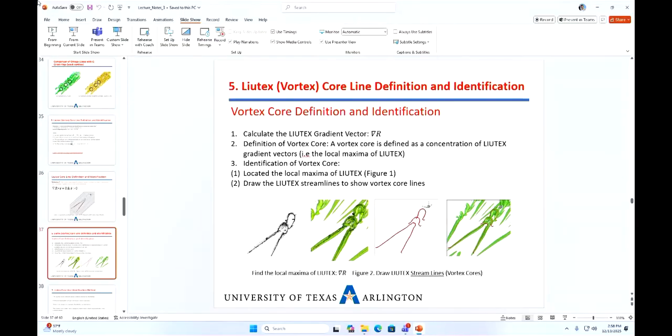Really, this problem is the same problem as how to find the local maxima of vortex. Mathematically, it is to find a local maximum. You need the first derivative to be 0, and the second derivative maybe negative definite.